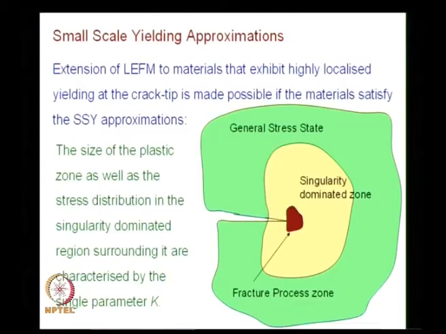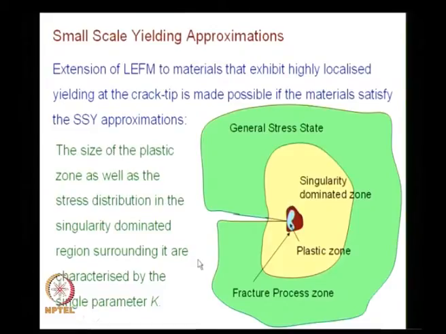These are representative shapes. So, you may have a general stress state prevalent everywhere, but near the crack tip you can identify a zone which is singularity dominated, within which you have a fracture process zone. We will also see what a fracture process zone is later, within which you have the plastic zone.